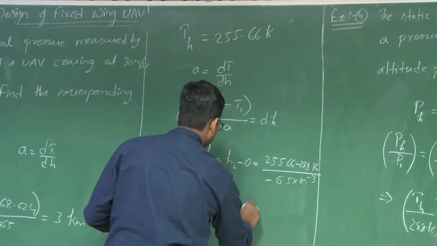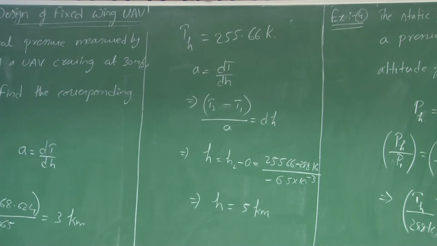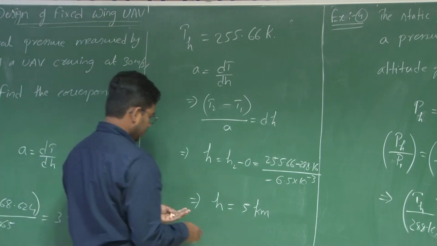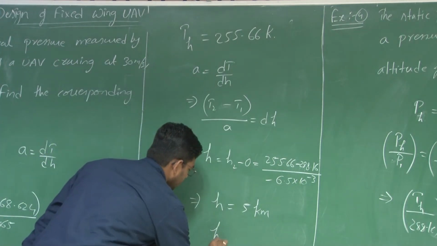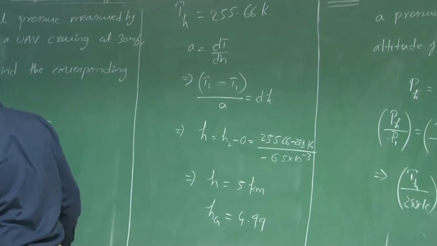H is equal to 5 kilometers, and the corresponding Hg is 4.996 kilometers.